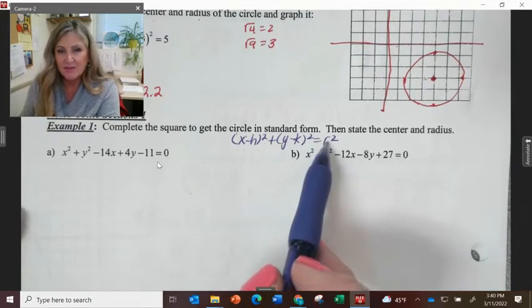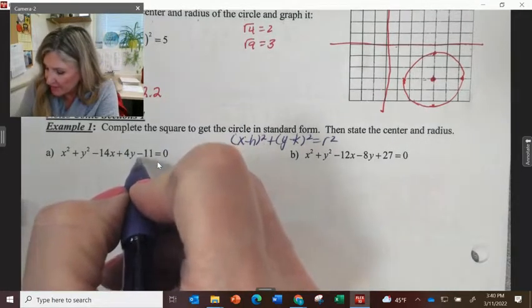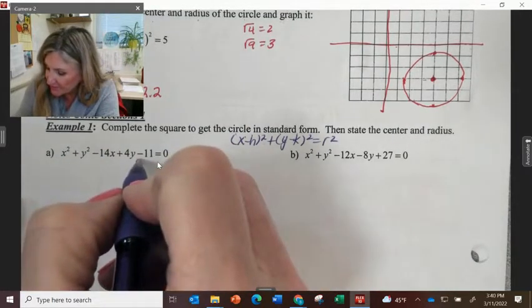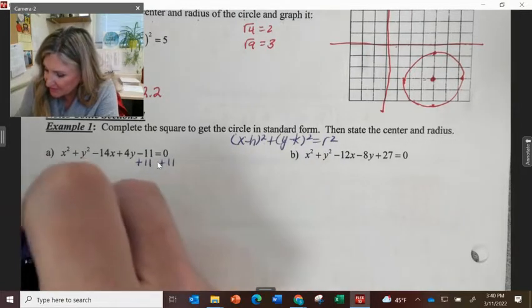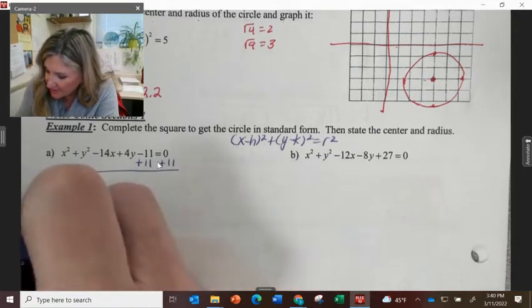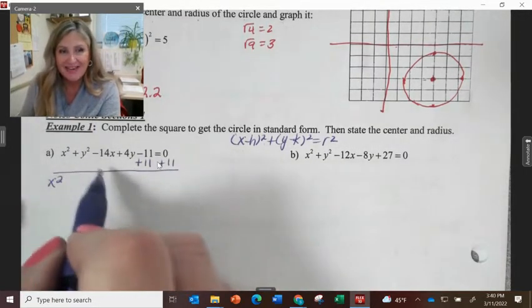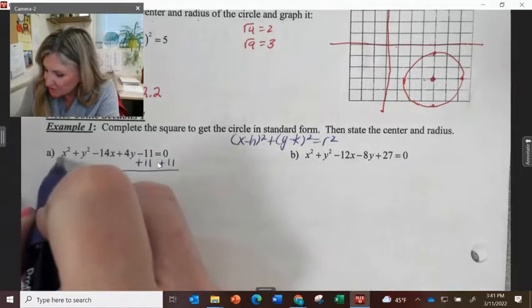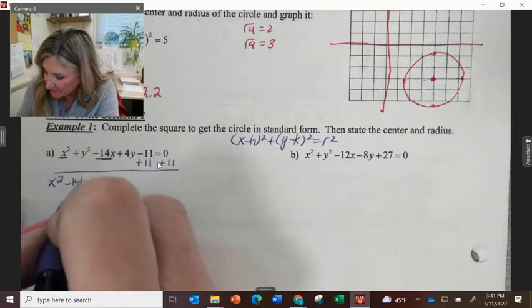Any number that is just a constant always has to start off by going to the right. So to work with this equation, the first thing I'm going to do is add 11 to both sides. Now I'm going to have x squared. The other thing I want to do is group any x's together. So I just used the x squared, and now I'm going to put the negative 14x by it.